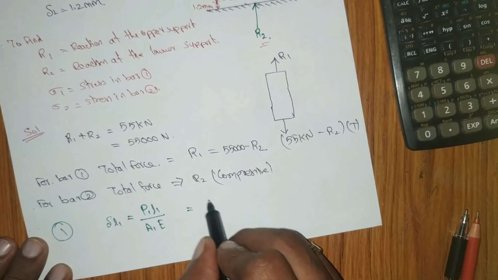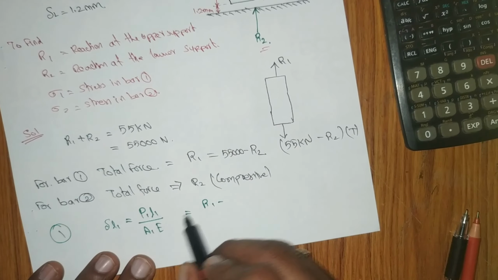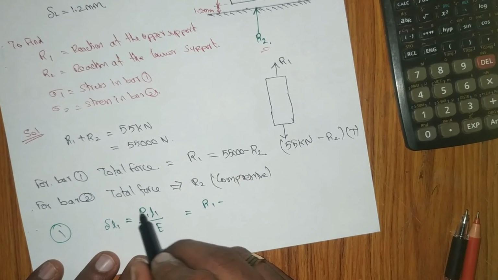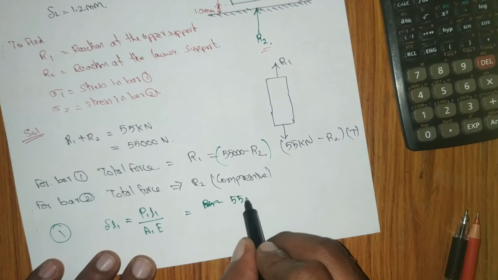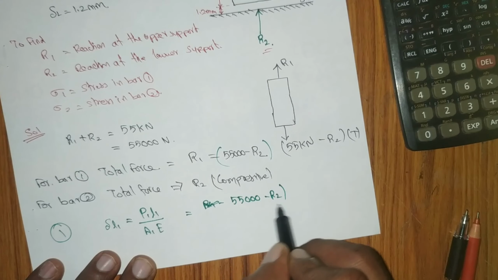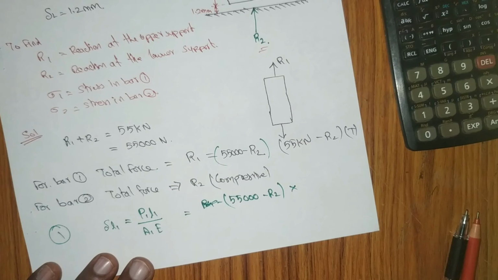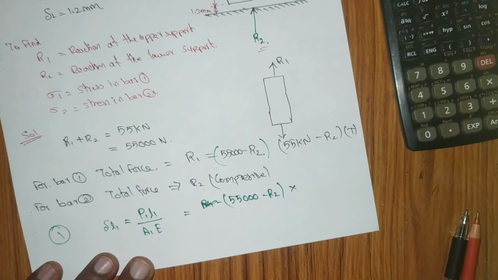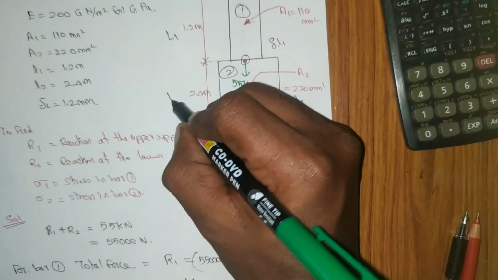We have the reaction R1, so we can directly apply this value, 55,000 minus R2. What is L1? We have the lengths of the bars: this is L1, this is L2.